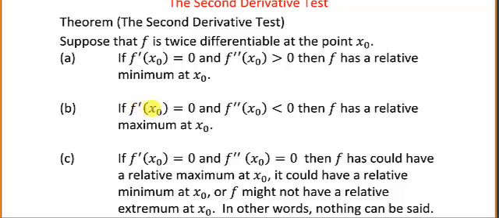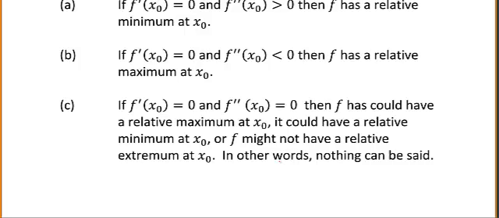If the first derivative is 0 at x0, again a critical point, and the second derivative is less than 0, is negative, then f has a relative maximum. And if the first derivative is 0 and the second derivative is also 0 at x0, then we can't tell anything. We'll have to try another way of determining whether that x0 locates a relative maximum or minimum. We don't know that it does, and we don't know that it doesn't.